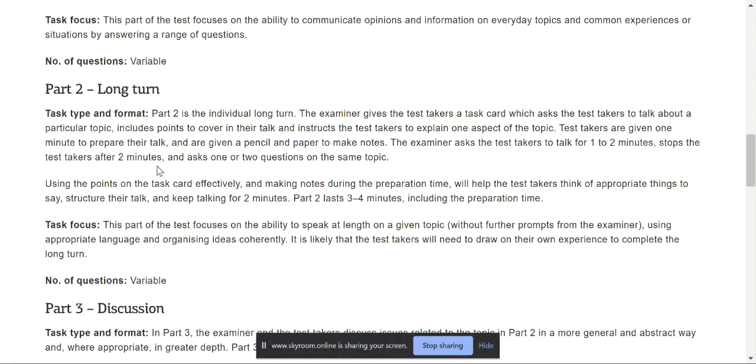So you have to complete the 1 to 2 minute talk, and you have about 30 seconds to warm up. 30 seconds or 1 minute to warm up means you will have some questions and you have to find some answers for the questions.